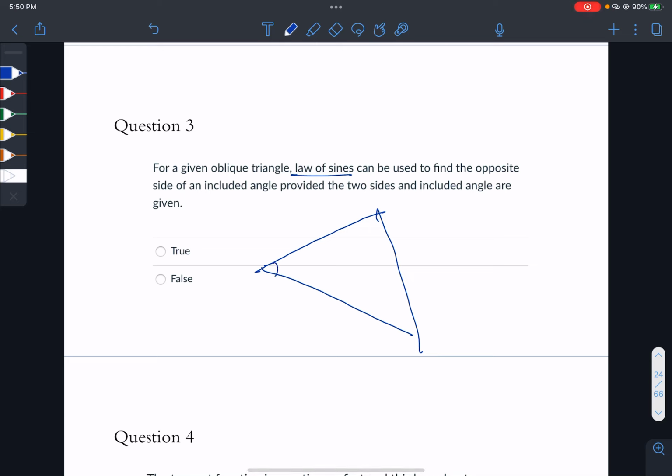Let's say the included angle is C. What we are looking for is the opposite side, provided that the two sides and the included angle are given.